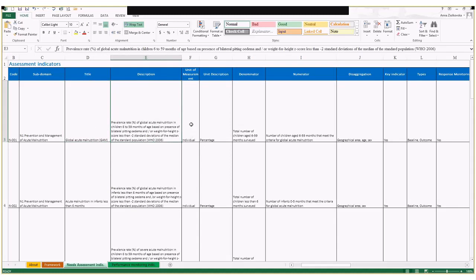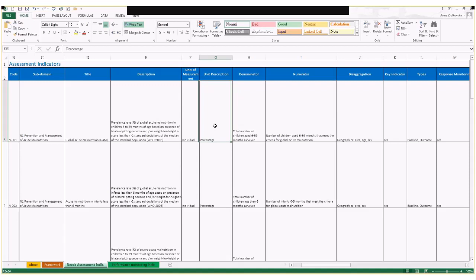Unit of measurement, whether you measure it at individual level or at community level, and so on. Unit description, which is percentage or what is the unit, denominator and numerator, if applicable, of how you measure it. Then what is the possible disaggregation for this indicator.